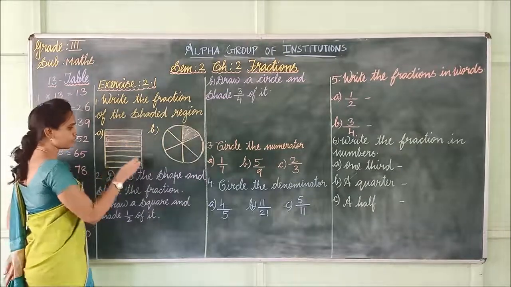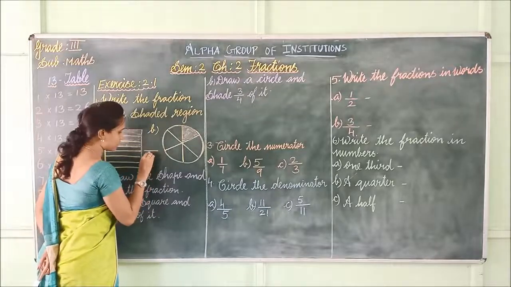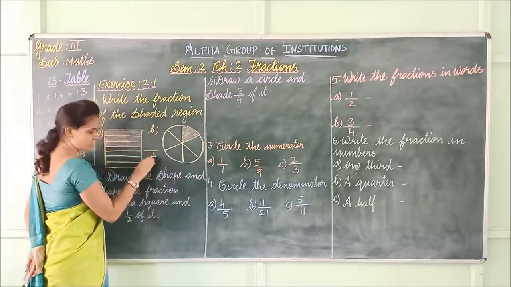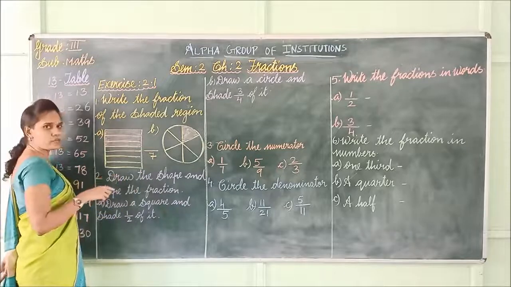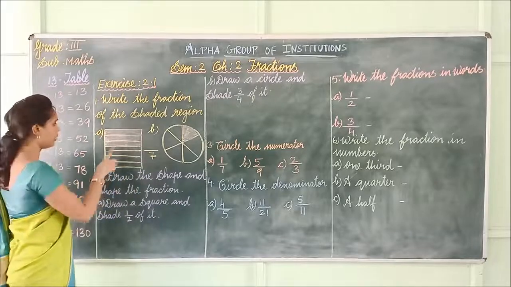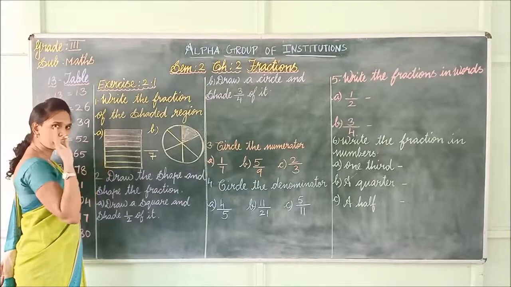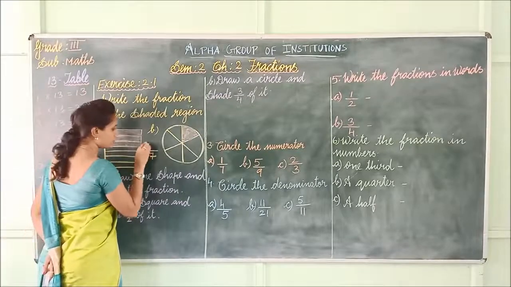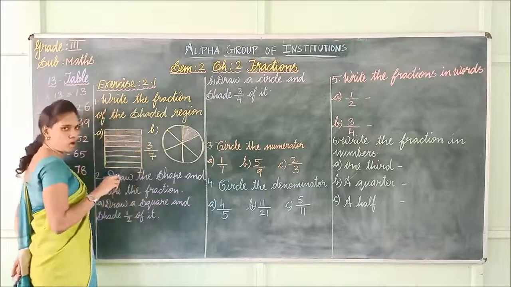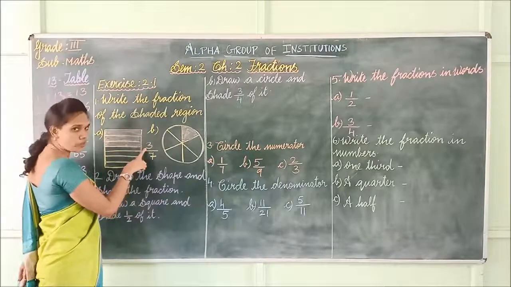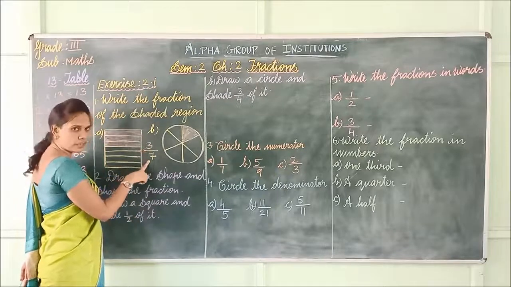Totally here you have 7 parts. Now you have to find the shaded parts. 1, 2, 3. How many shaded parts are there? 3 shaded parts, that you have to write on the top. This is the numerator and this is the denominator.